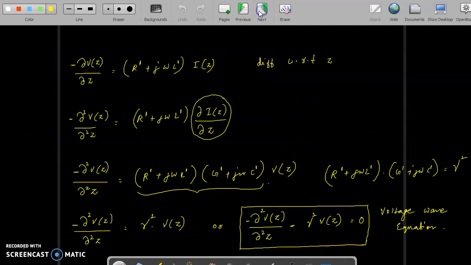But there is a small change here. If you look at this function, a minus will come here and a minus will come here, so these two get cancelled and this becomes plus.